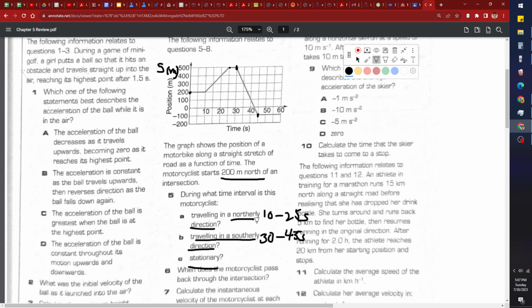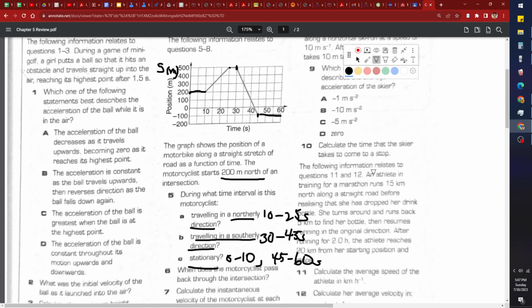And then stationary, well, there's two parts. We know in a displacement time graph, or VT graph, any horizontal line means constant whatever. In this case, displacement is constant, so he's not changing his displacement, meaning he's not moving. So we got 0 to 10 seconds, and we have 45 to 60 seconds.